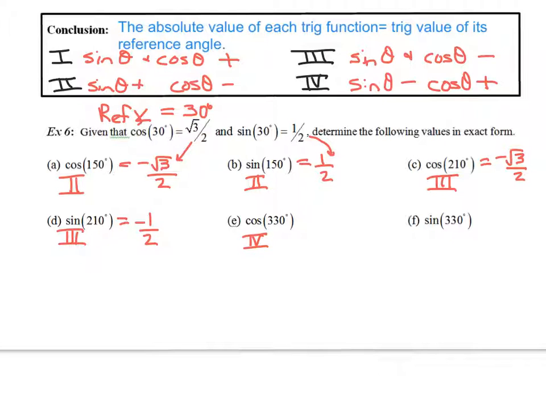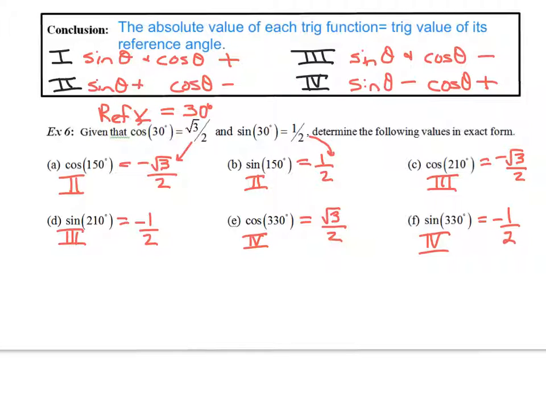The last example that we're looking at is 330 degrees. That's in quadrant number 4. It still has a reference angle of 30 degrees because I'm 30 degrees away from 360. So in quadrant number 4, cosine is positive, so I'm going to take the positive answer for the cosine of 30. In quadrant number 4, for the last part here, sine is negative, so I'm going to have the negative answer for the sine of its reference angle.